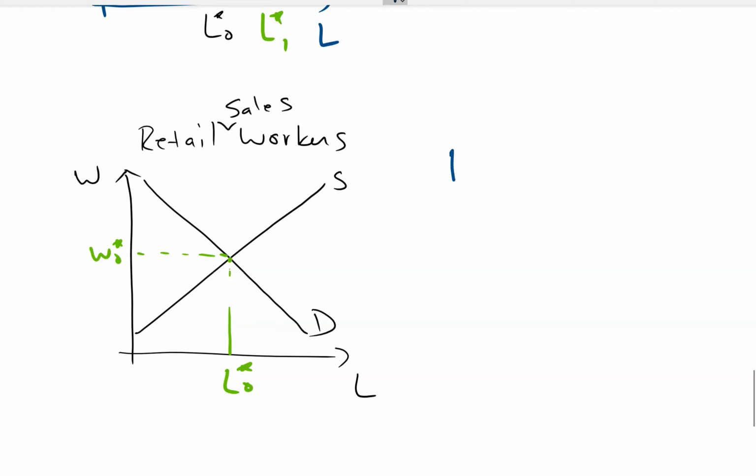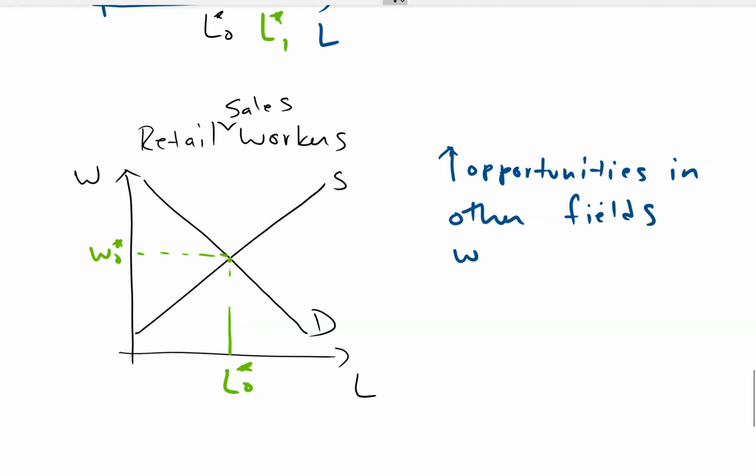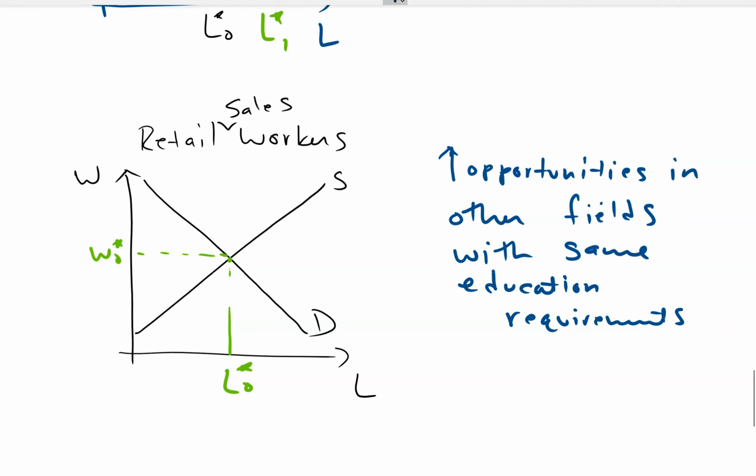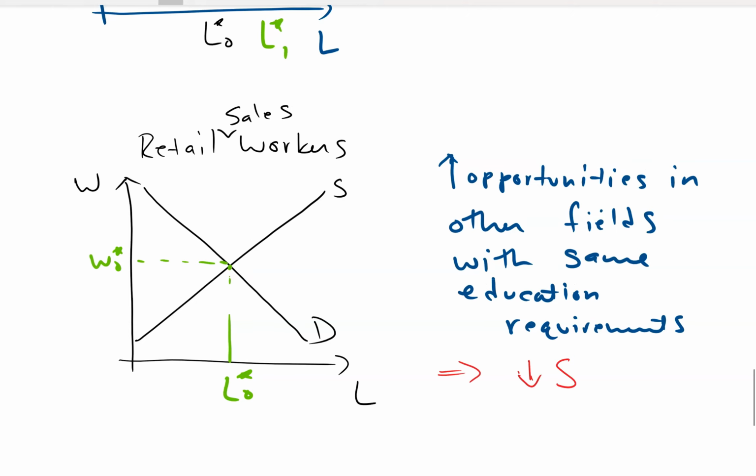We have increased opportunities in other fields. For some reason, some other part of the economy with similar education requirements is growing. Some of the workers are going to say, I want to leave this, there are other opportunities elsewhere.